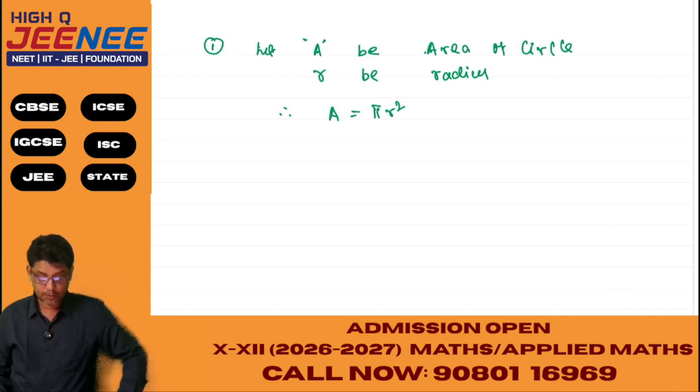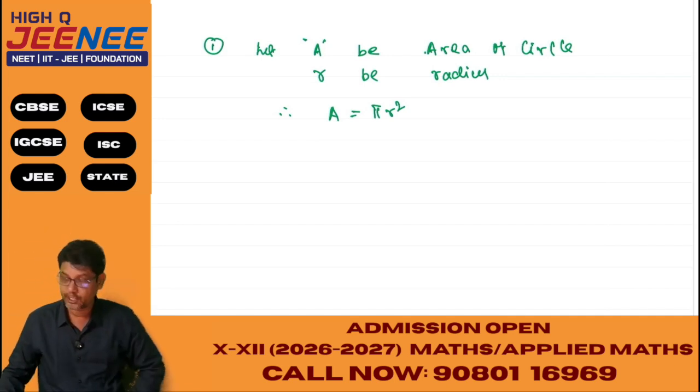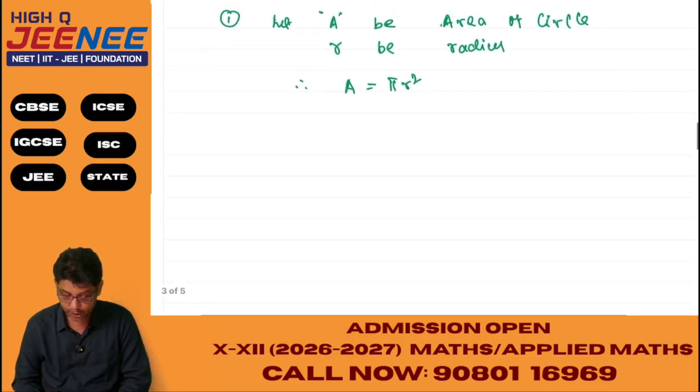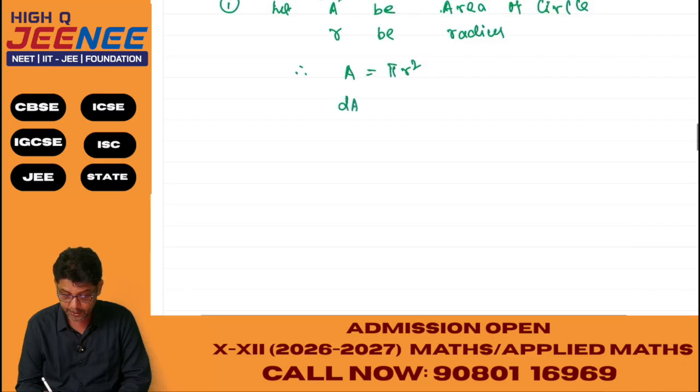Now, what do they ask you to find? The rate of change of area with respect to radius, that means dA by dr, which is equal to 2 pi r.